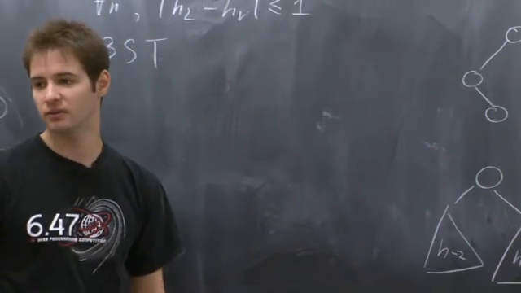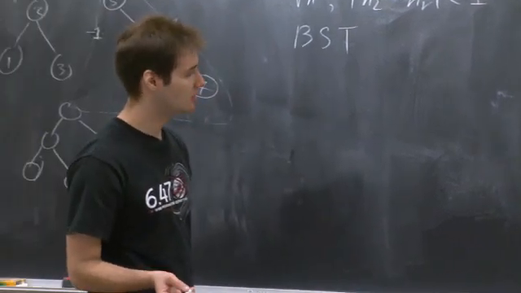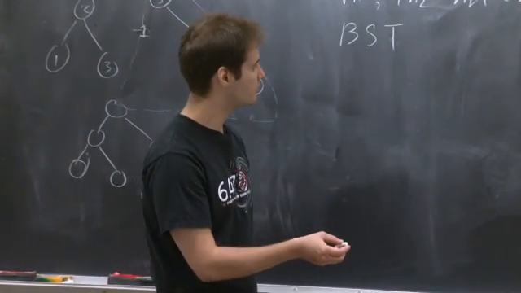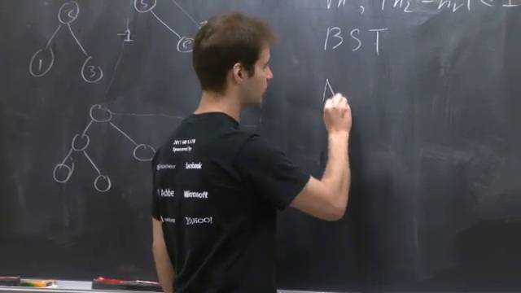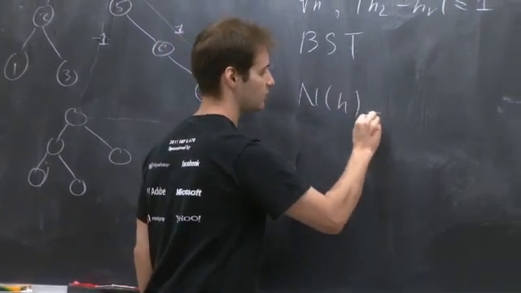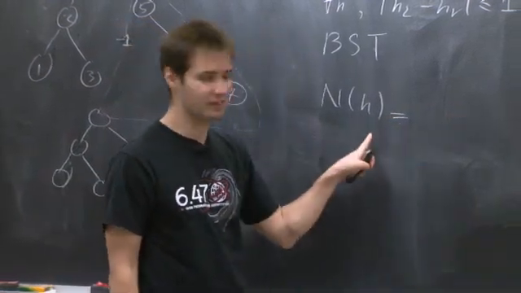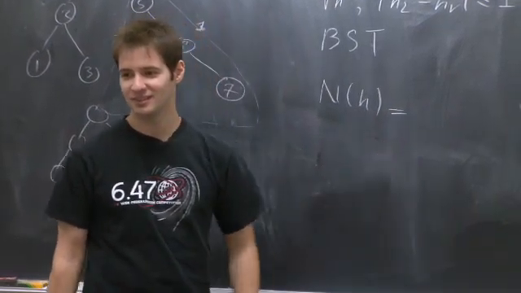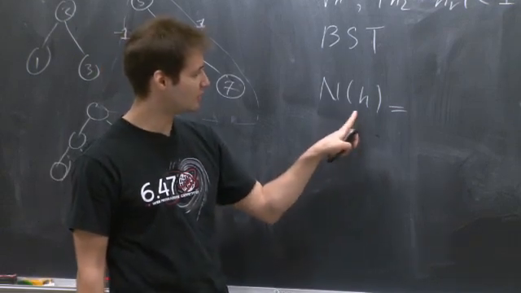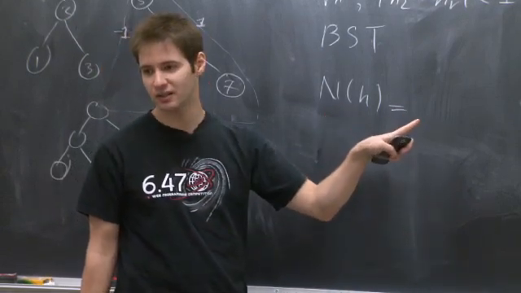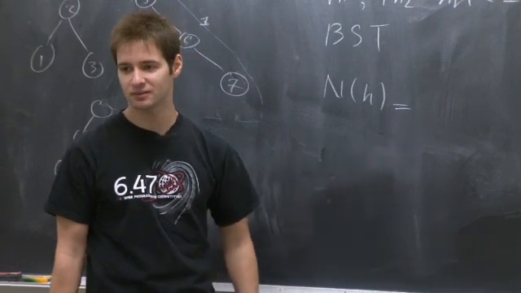And you were telling me before that the recurrence for this is, suppose I want to write the number of nodes as a function of height. You are telling me what it is. So suppose I have a height and I want to know how many nodes I have in my tree that has a minimum number of nodes. What is it?